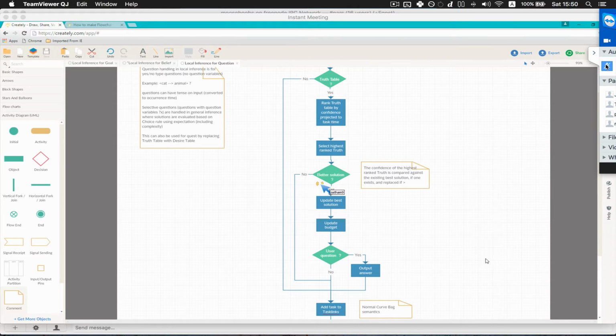Okay, let me think about this. What I mean is, if there is an entry in the truth table, then there is a solution. Yeah, I agree. The assumption here is that it's always better than the one that's already been assigned to the task. This is right, but what I mean is there won't be any solution already assigned because we just derived it.